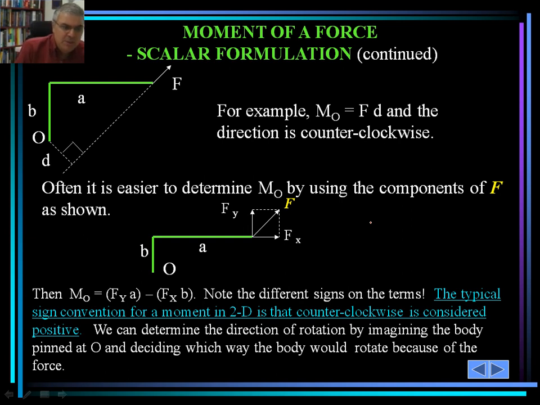So we can pretty much determine the direction of a rotation by imagining the body pinned at A and deciding which way the body would rotate because of the force. Each of us has a different way of having that mental image, and it's important to realize that if this point O is fixed, for example, as I'm showing in red here, and we apply the force vector F, it cannot go clockwise.